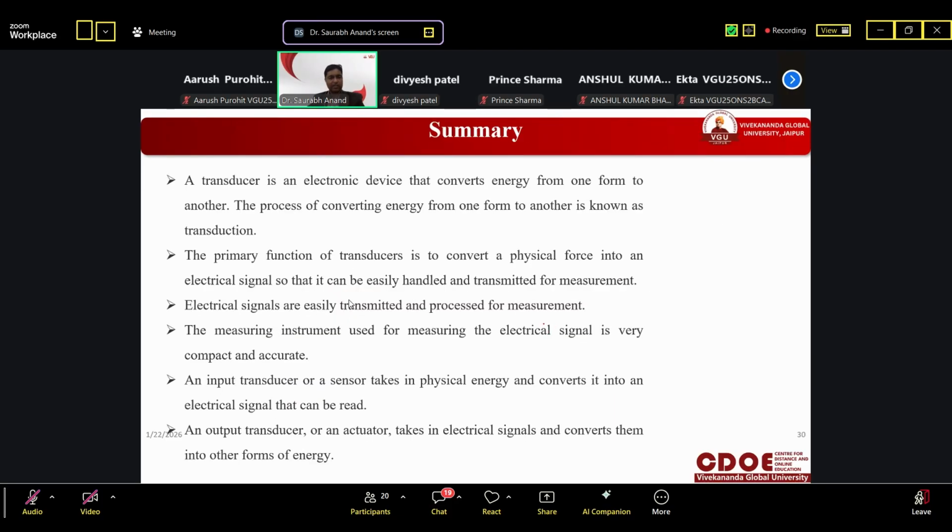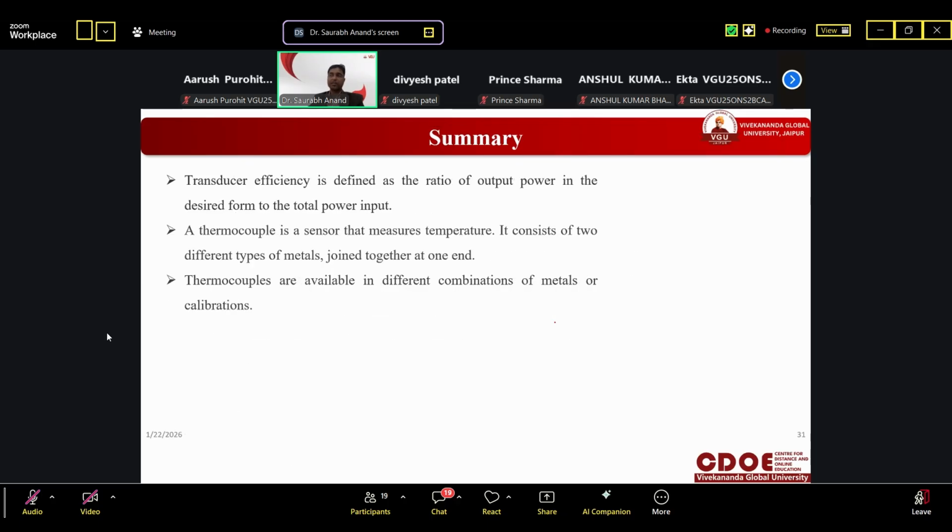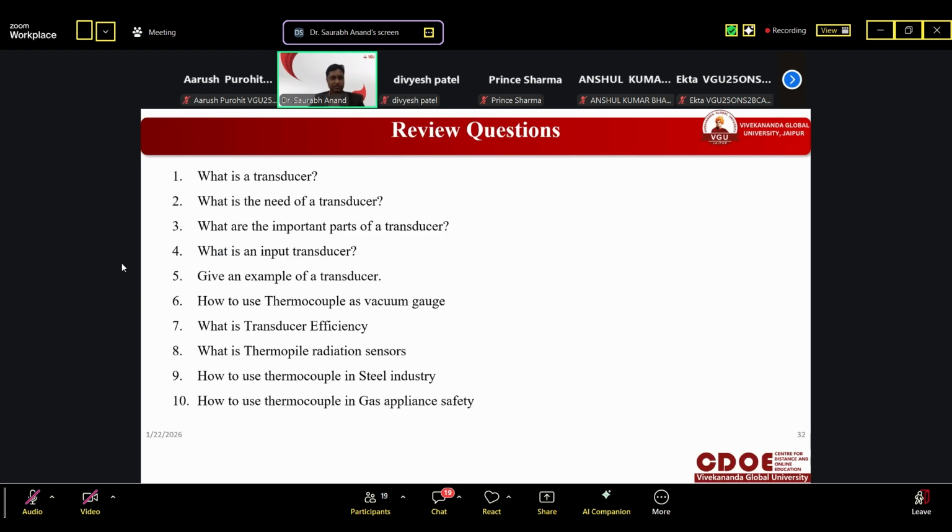So we have understood all about transducers: what a transducer is, what types of transducers there are, what the applications are, and the principle of each transducer. We have discussed thermocouple, RTD, load cells, everything. This was your last unit.